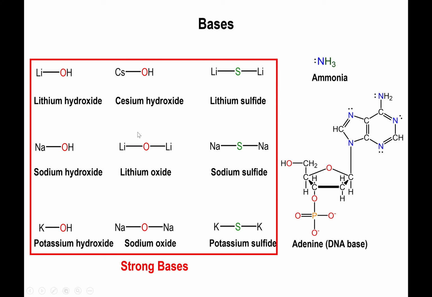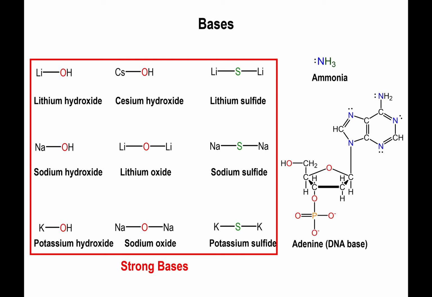Much like acids, though, there is a list of bases that I want you to be aware of in terms of being strong. Anything you have in the red box right here, metal hydroxides, specifically alkali metal hydroxides, I'll even include the alkaline earth metal hydroxides on this list, can be considered strong bases. Having the metal oxides or the metal sulfides, those are also considered strong bases because the charge of the anion is relatively high.